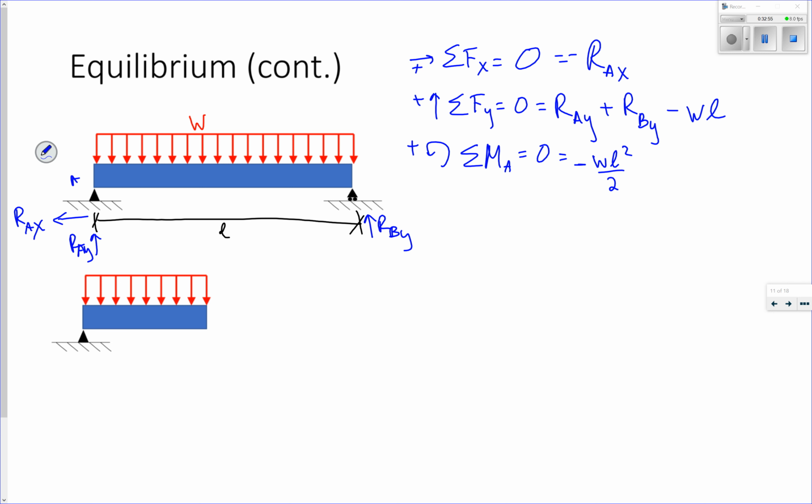I have a reaction at B, force times the length. It's acting in the counterclockwise direction, so it's positive. So there's one equation of equilibrium. And if I do the sum of the moments at B, the same thing. Now my distributed load moment is acting positively, but my reaction at A times the length is negative.